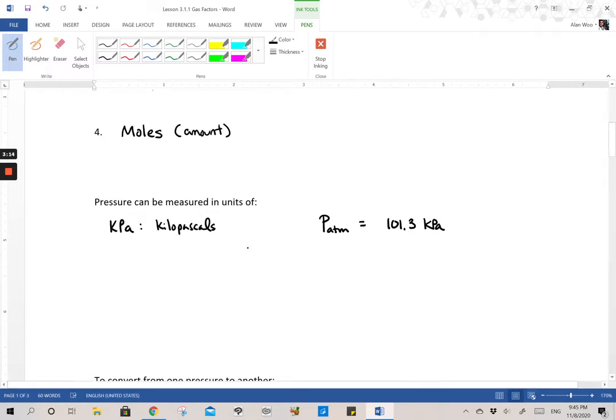Now, there are two other units of measurement that we'll use. The next one is ATM, which is called atmospheres. This is the standard one that most chemistry-minded people would use.